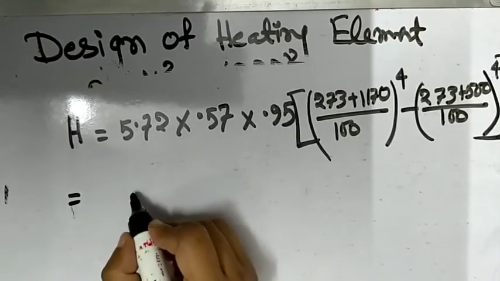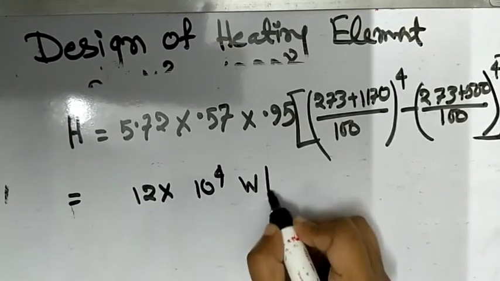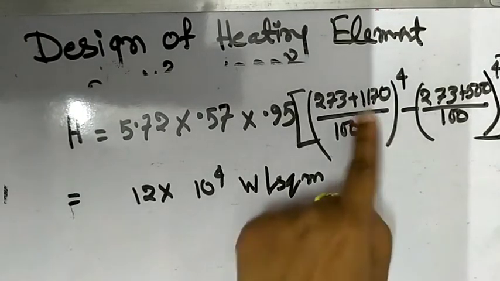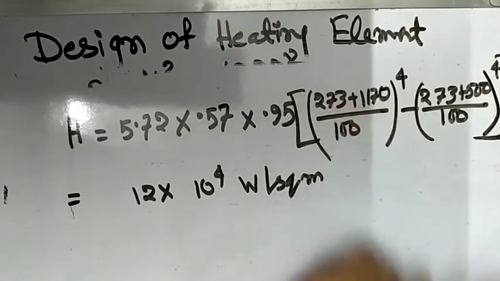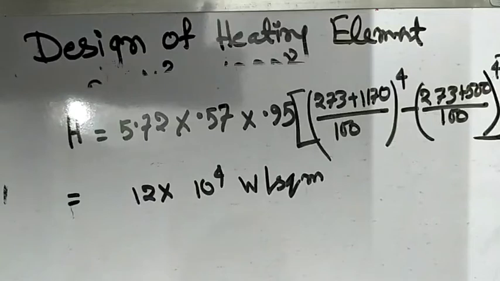So by solving, this is equal to 12 into 10 to the power 4 watt per square meter. The temperature is given in degrees, so we convert it to Kelvin by adding 273 to the value of temperature expressed in degree.